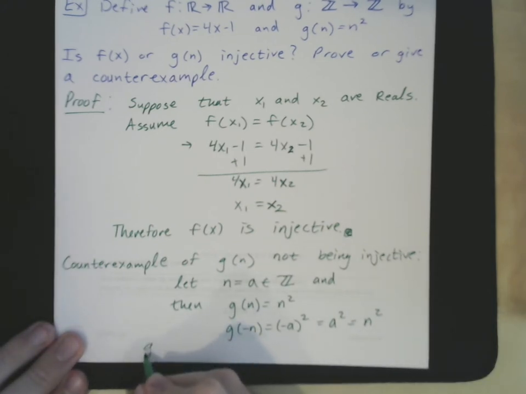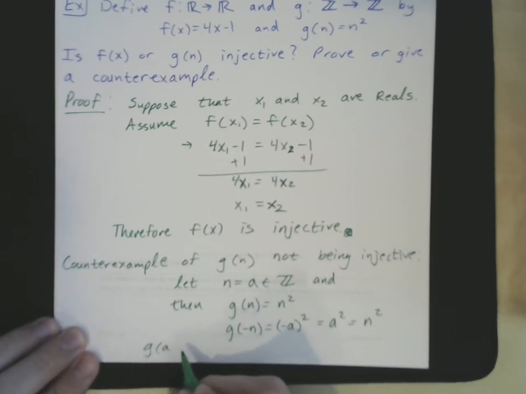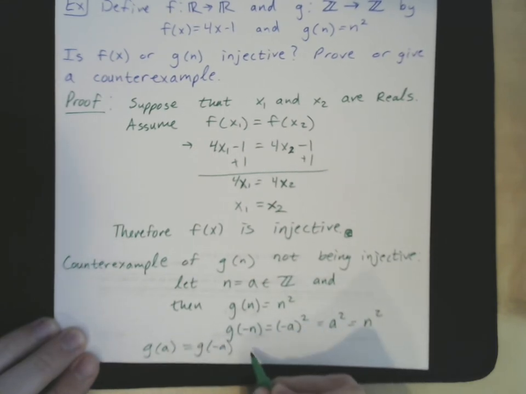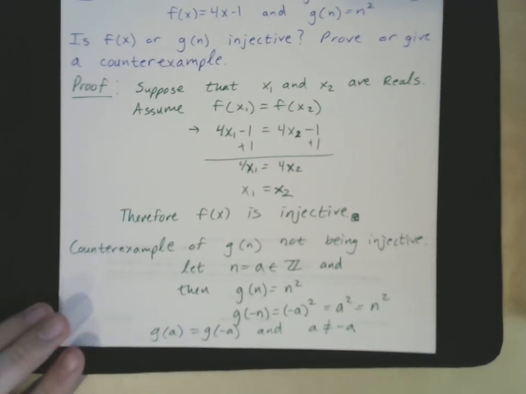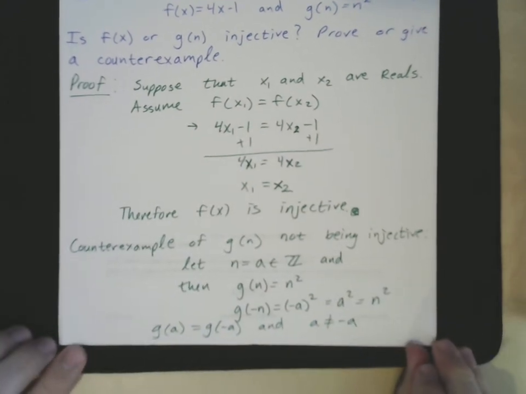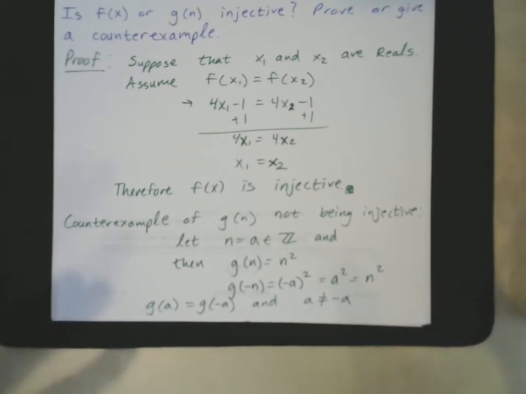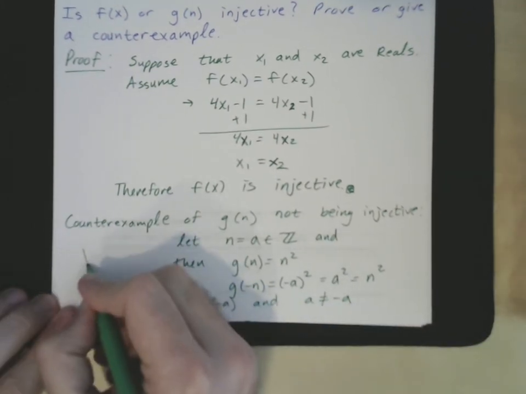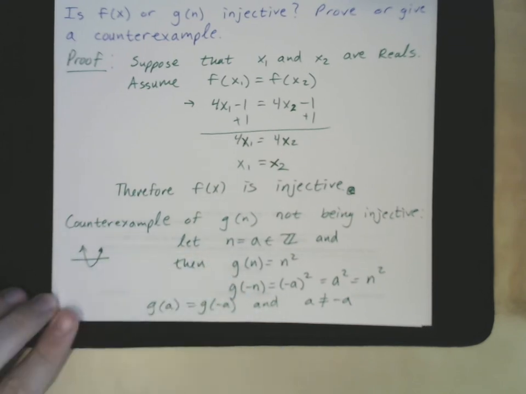And so we have g of a equals g of negative a, and a certainly does not equal negative a. And you can pick any integer a that you want. And this is exactly what we know. When we have that quadratic, it's going to fail the horizontal line test anywhere we choose through that parabola.